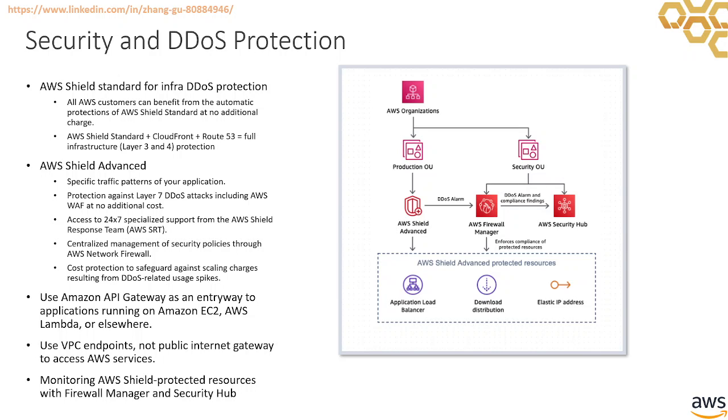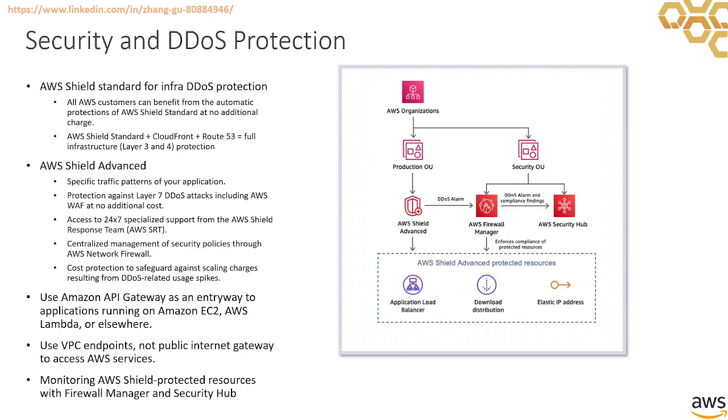Finally, visibility and observation are very important for security and protection. You use AWS Firewall Manager to centrally configure and manage AWS Web Application Firewall, AWS Shield Advanced, and Amazon VPC Security Group rules across your accounts.